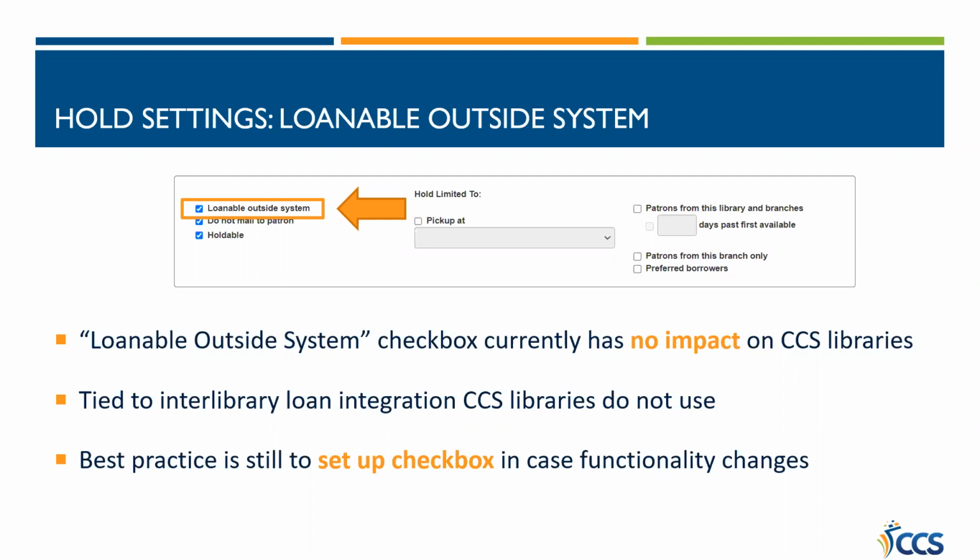So even though this checkbox doesn't do anything to the item, if that item is eligible to be loaned out on out-of-system interlibrary loan, best practice is to have that checkbox selected, like in the screenshot here. If the item isn't eligible, the checkbox should not be selected. Like I said, it does not have an impact on us right now. It could in the future. We never know.